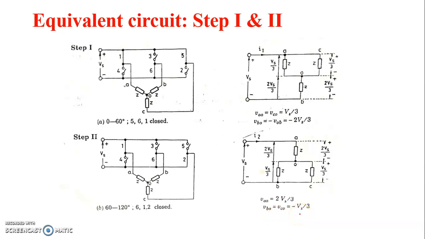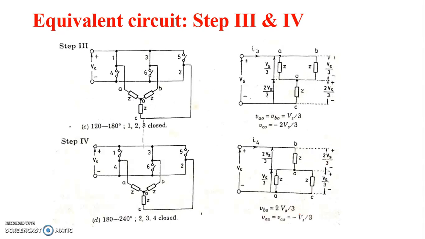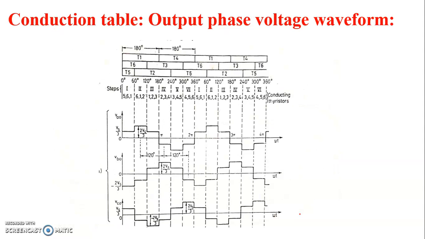Same way, for step 3, step 4, step 5 and step 6, we are going to calculate the voltages VA0, VB0, VC0. So from the found values, the output phase voltage waveforms are drawn here. During 0 to 60 degree, the VA0 value is Vs by 3.